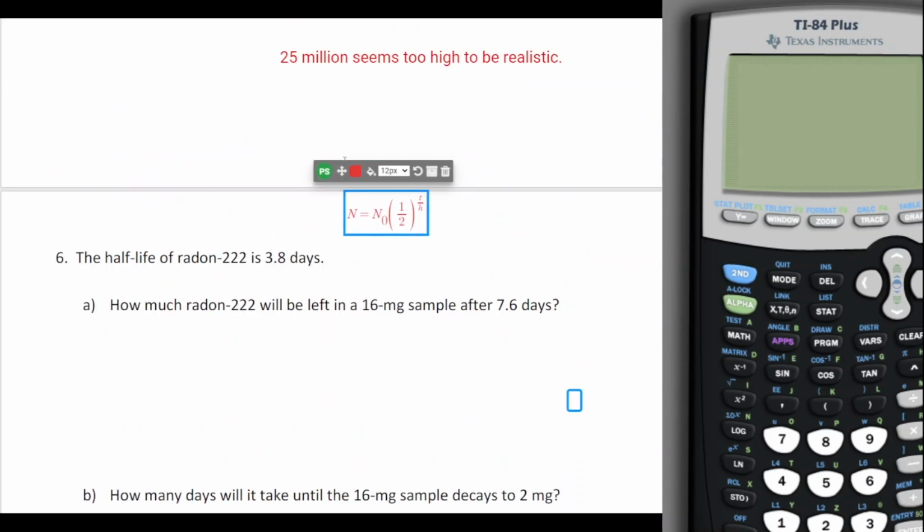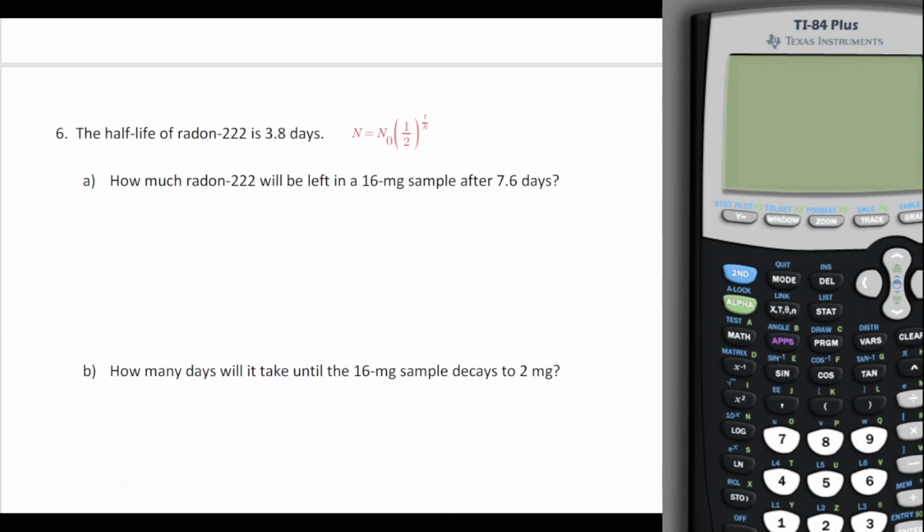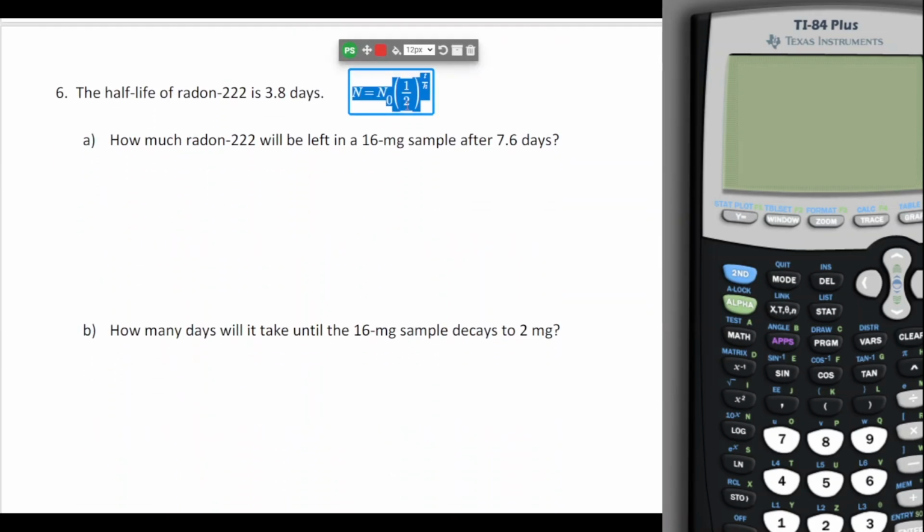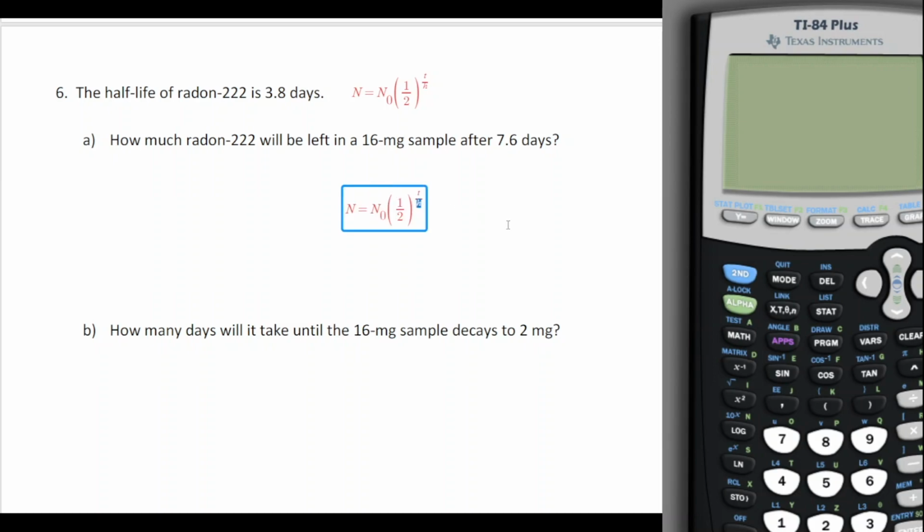So in this particular one, the half-life is 3.8 days. That means this number right here is 3.8, and we're in terms of days. It says how much radon-222 will be left in a 16 milligram sample, so that's our initial amount, after 7.6 days.